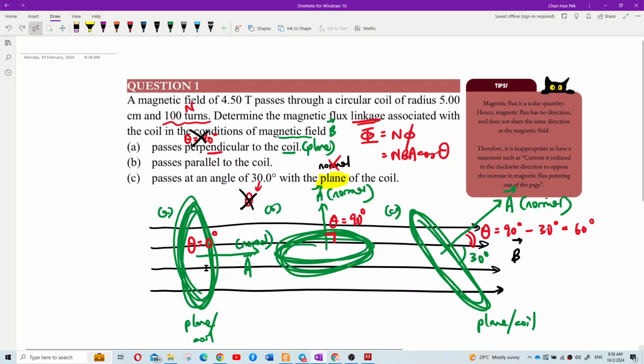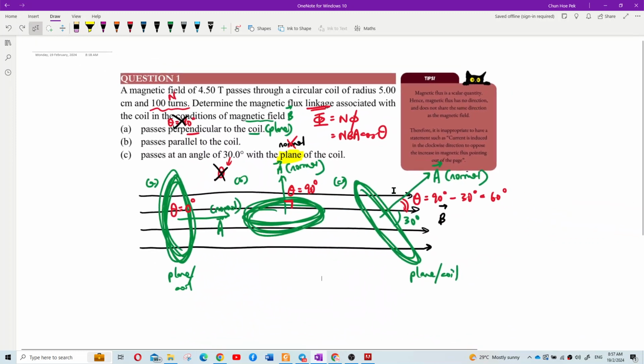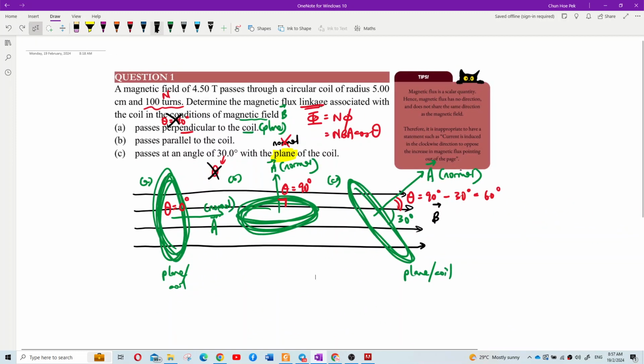Understand, class? The first one, theta is 0 degrees, because the normal and the magnetic field are parallel. For the second one, theta is 90 degrees because the normal and the magnetic field are perpendicular. So then you only substitute into the equations.